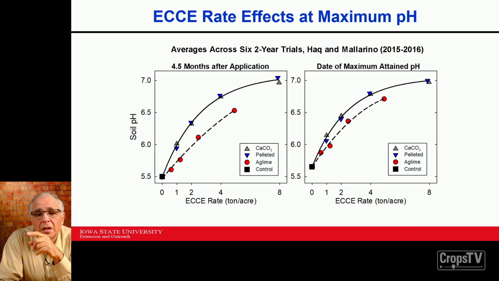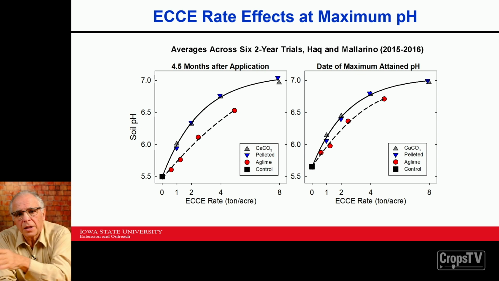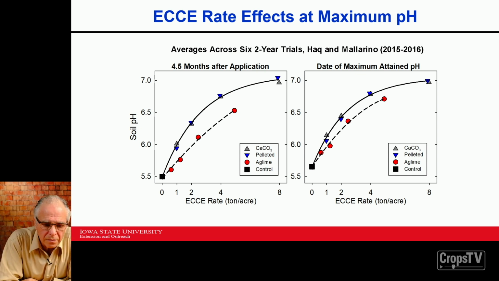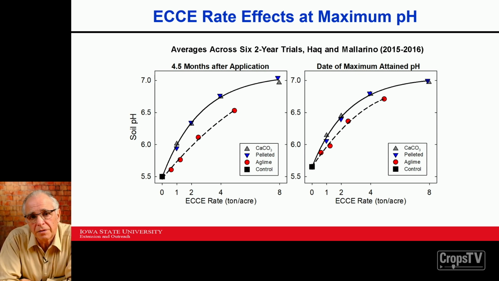And on the right, we took several soil samples over time. So this is at the time that the maximum pH was attained by each material, which was about 100 to 150 days.